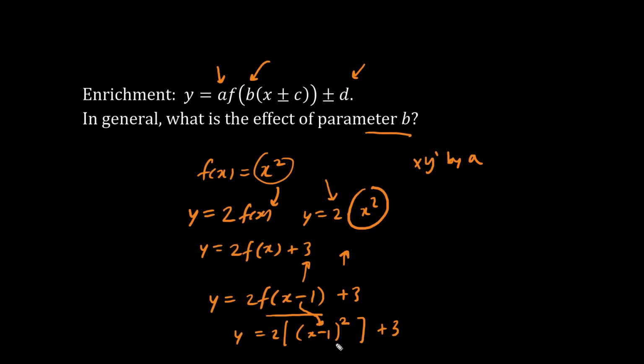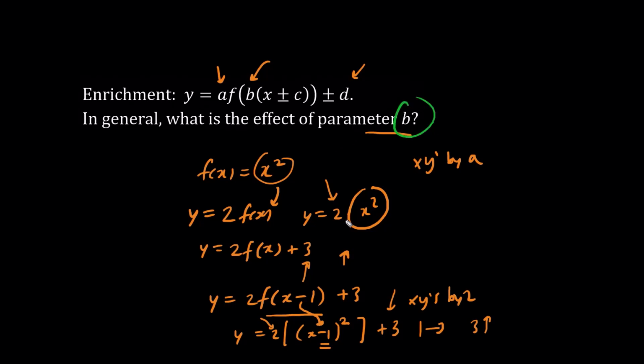So what this means is that the graph moves 1 unit to the right. So we'll write this down. You multiply the y's by 2, and then x minus 1 refers to a shift 1 unit to the right. And finally, this 3 means 3 units up.